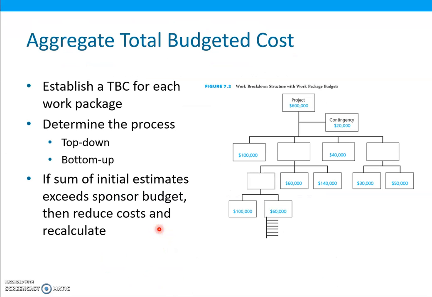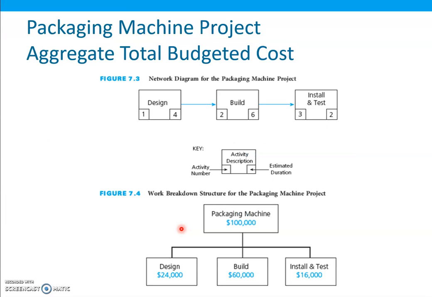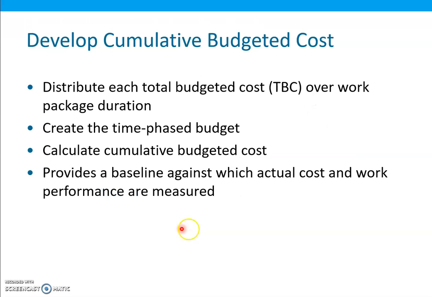So after aggregate total budgeted cost is established, then we need to develop the cumulative budgeted cost. So for the cumulative budgeted cost, we will distribute each total budgeted cost over the work package duration. So once a total budgeted cost has been established for each work package, the second step in the project budgeting process is to distribute each TBC over the duration of its work package.